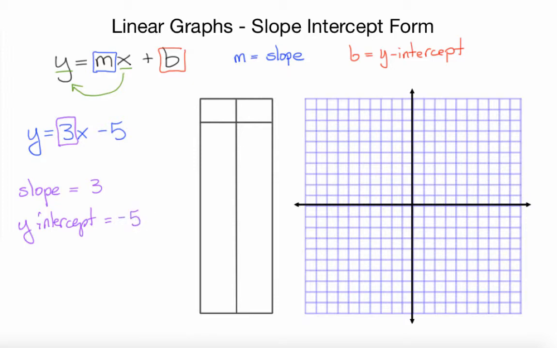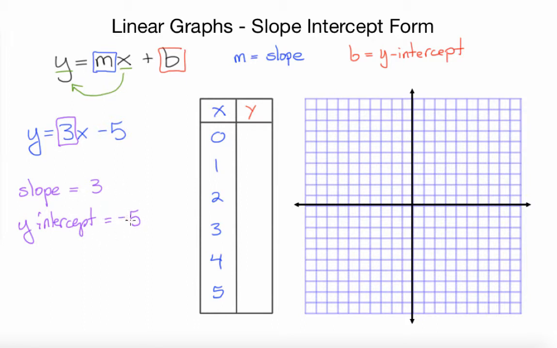So how does that look on a table of values? Well, let's make x and let's make y. Let's pick some values for x: 0, 1, 2, 3, 4, and 5. Now I can use my slope and y-intercept to think through these.